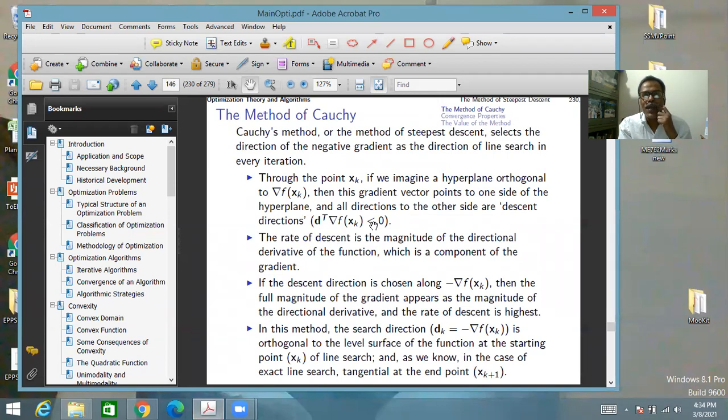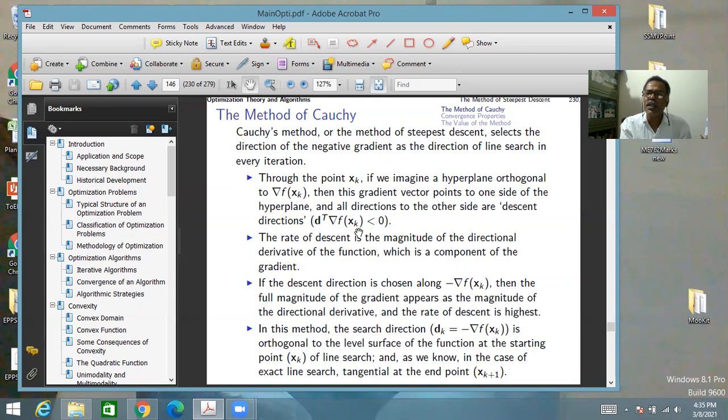And the rate of descent along the direction is basically the directional derivative of the function. And that directional derivative is negative in an inward direction, making an obtuse angle with the gradient. And its magnitude is basically the cosine of that angle. So it will be best if you take the direction as the negative gradient, in which the entire magnitude of the gradient will appear as the directional derivative.